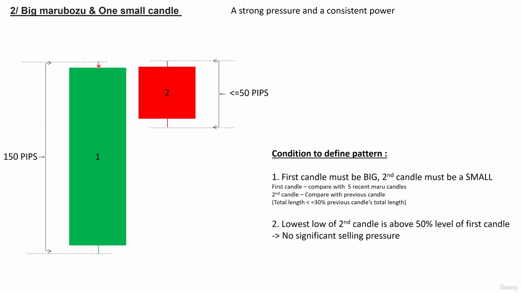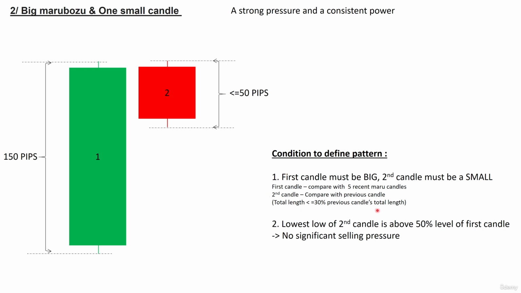Therefore, as per our rules, the second candle's total length must be less than 30% of the first candle's total length. So the total length of the second candle must be smaller, and 50 pips is okay. And that is the rule we already have right over here.